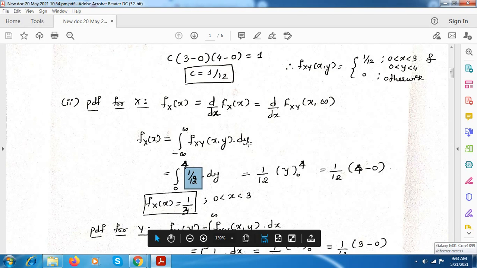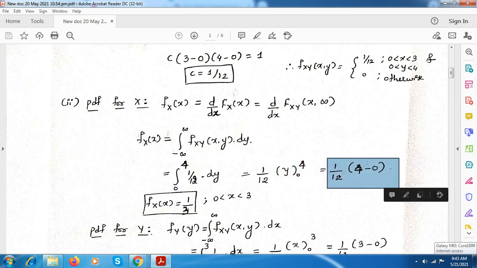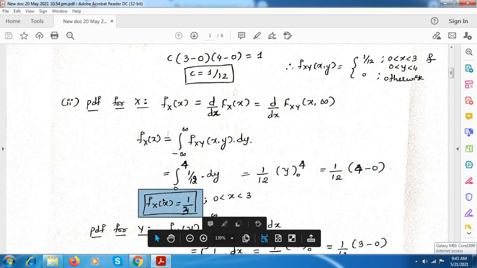Because the integration is with respect to dy, you have to put the y limit, that is from 0 to 4. If you integrate this, you get y, and just substitute the upper limit and lower limit. Here it will be 4 by 12, which is nothing but 1 by 3. And here the x will vary from 0 to 3.